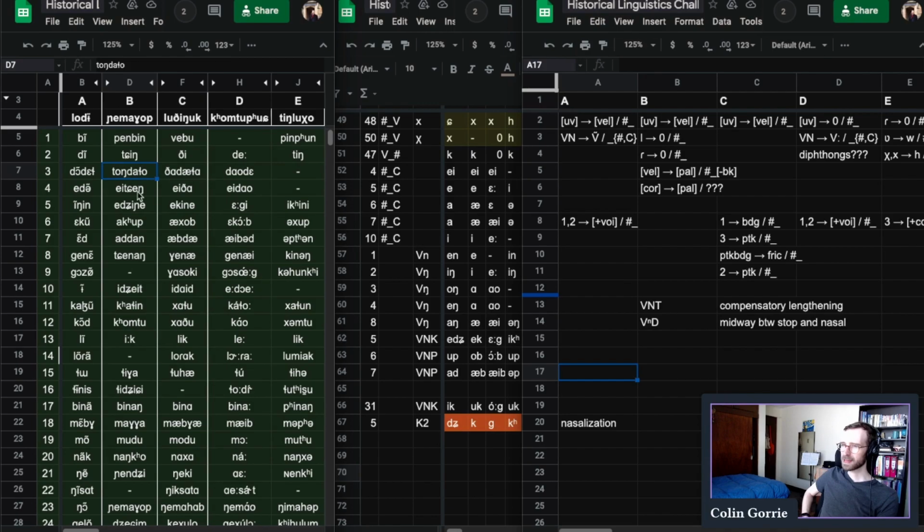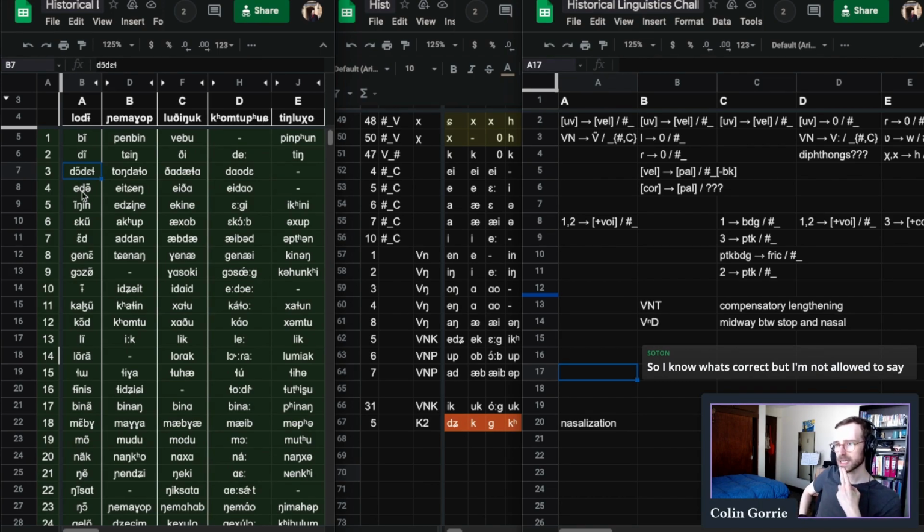I'm assuming that the structure of the word is something like B, going to don del. And if this were analogous to 5, we would expect donnel. Oh, goodness.